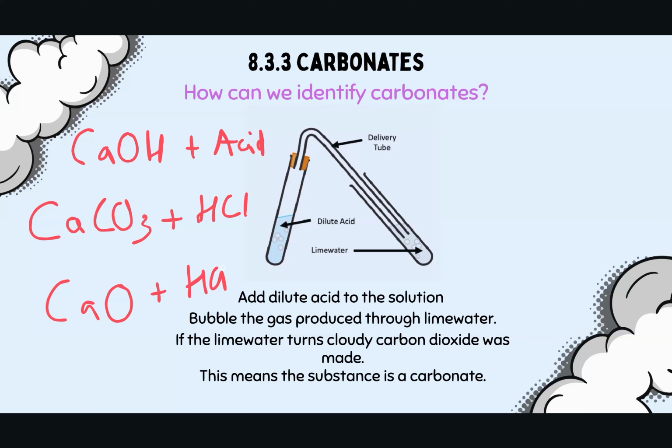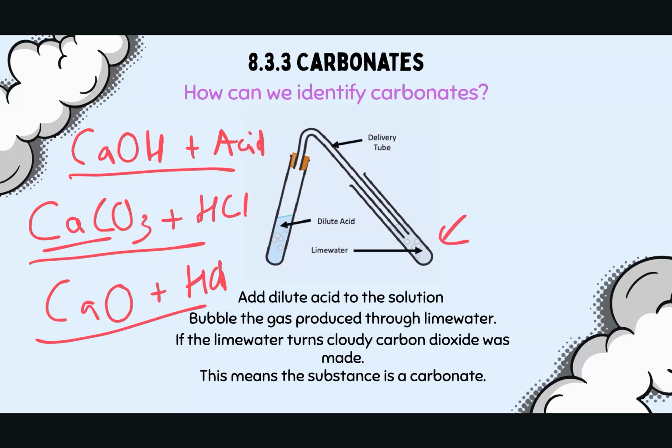When you react these different ones, this one is going to make water. That one is also going to make water and a salt. Here, we're going to make water, a salt, and also carbon dioxide. When that carbon dioxide bubbles through lime water, what happens to the lime water? It turns cloudy. And that shows that the original substance was a carbonate.